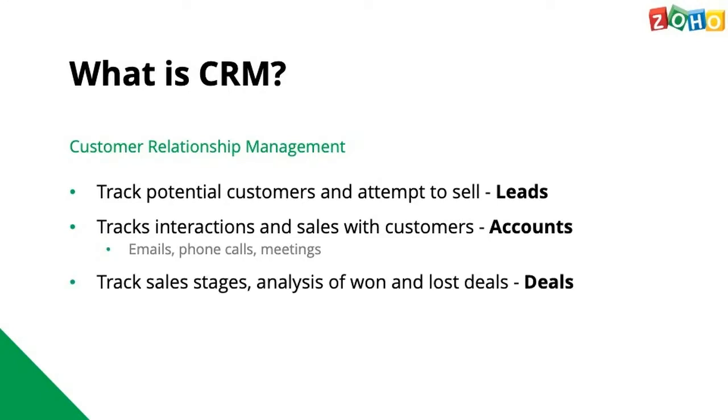And then you move on to the deal stage. So anytime you're selling to an account, there is a deal that has different levels of progress. There's lots of different customizations you can do for this, depending on what your workflow is. But the basic analysis of a deal is, did you win it or did you lose it? And so that's kind of just the basics of the way I look at CRM.